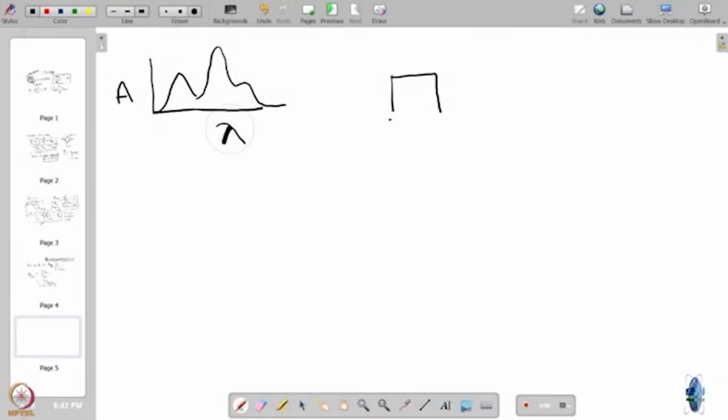What I had drawn earlier is, we have a sample, and right now we are talking about absorption. Some light falls on it, part of the light gets through. Suppose I put some kind of a detector here. Detector in this case is something like an electronic eye. What will we see?